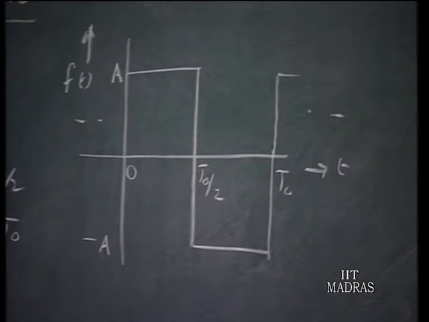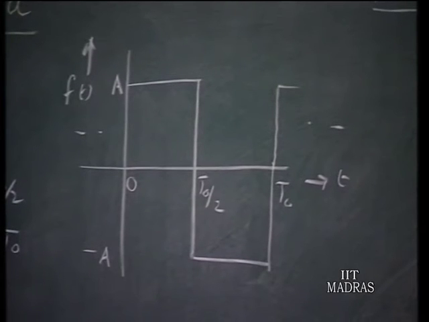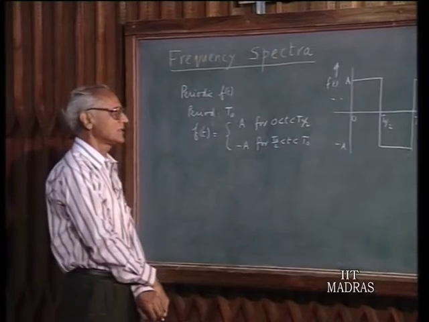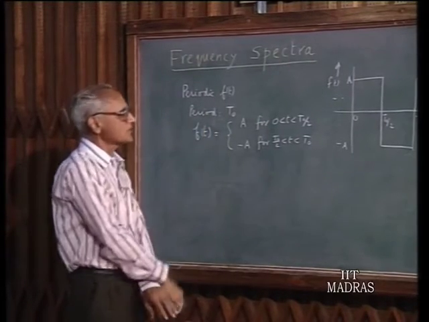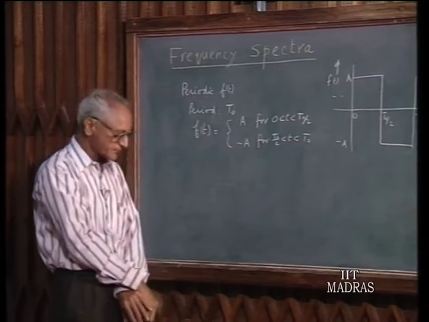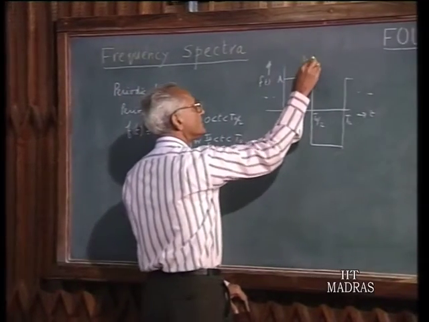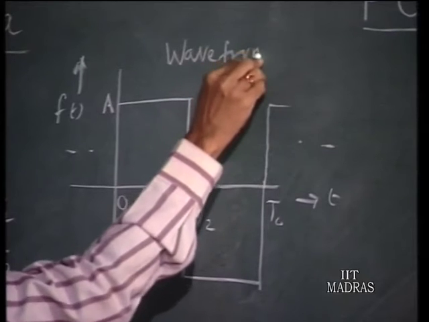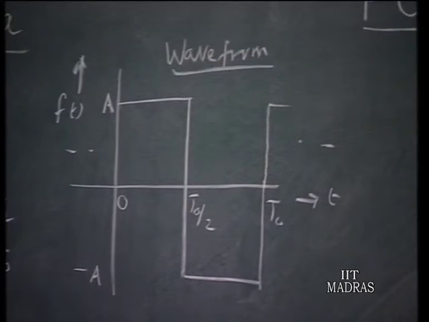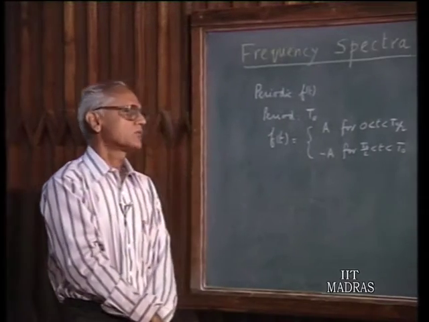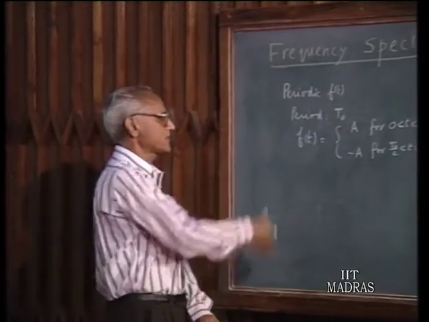Information about the periodic waveform presented in this manner gives you a real feel for the variation, and it is often useful for us to plot these functions of time through waveforms like this. We know this is called a waveform. And that is the reason why an oscilloscope is such a useful instrument in the laboratory, because we can see the variations with respect to time which are often masked in an analytical expression of this type.